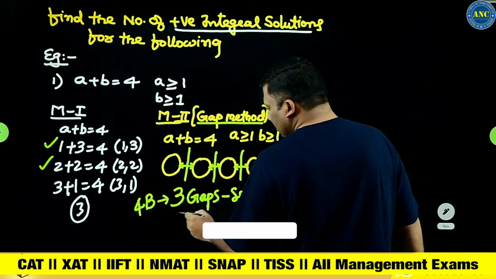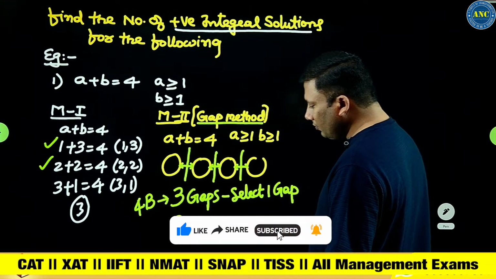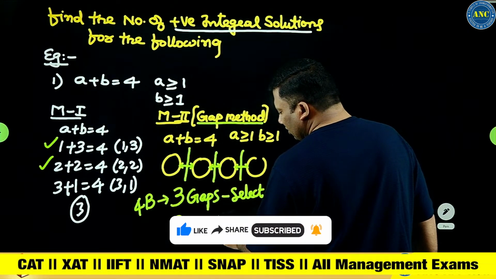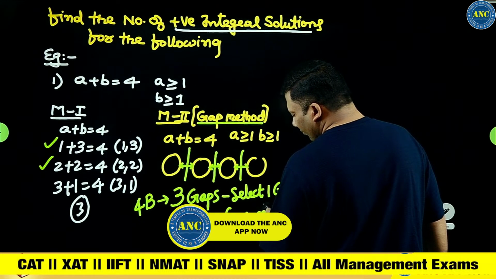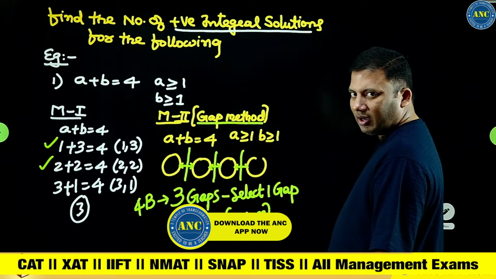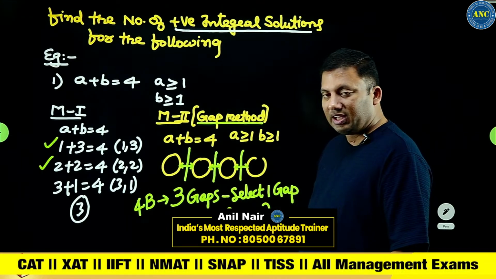Out of 3, selecting any one is 3C1, which is 3. NC1 is equivalent to N. Are you all with me? First answer is 3.